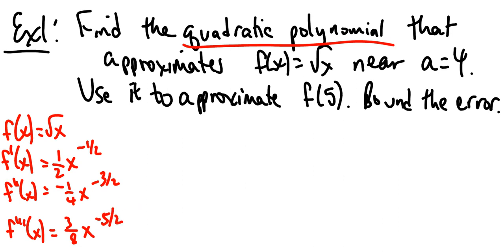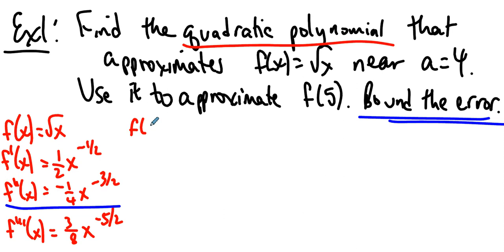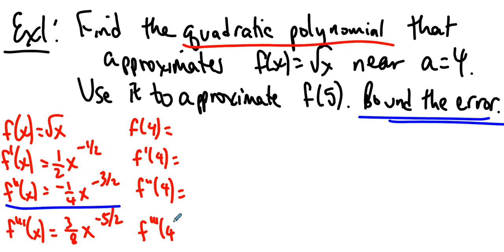We only need through here to make the quadratic polynomial, but we're going to have to bound error, and error is based on the next derivative, so I took 3 derivatives. Then we figure out what f of 4 is, what f prime of 4 is, what f double prime of 4 is, and what f triple prime of 4 is, because we're going to need that. Those numbers are pretty easy to get. This is 2, this is 1/4, this is negative 1/32. I guess we don't really need that to make a quadratic polynomial, do we?